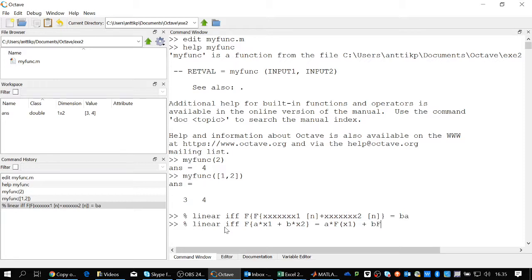So this basically is the same thing as testing if the superposition actually is okay. There. So only if the equality there is true, then the system is linear.